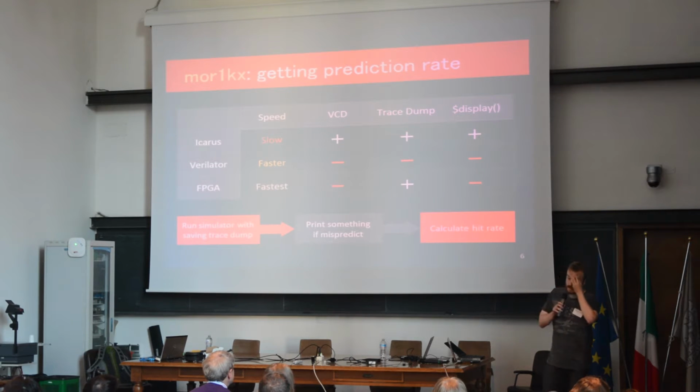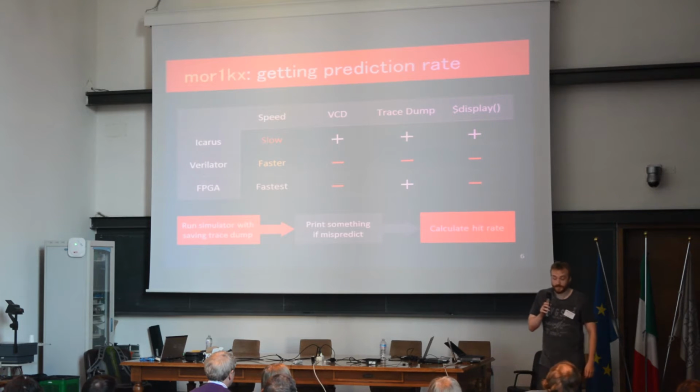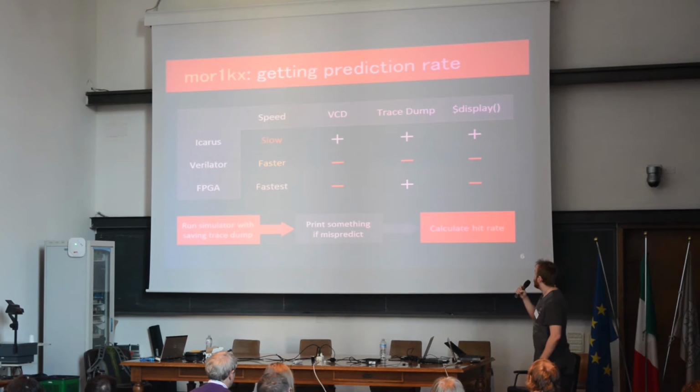I have to tell you, running 10,000 Dhrystone loops on a Core i3 takes about an hour, using the Icarus simulator. We tried to use Verilator, which is of course faster, but it lacks VCD support.